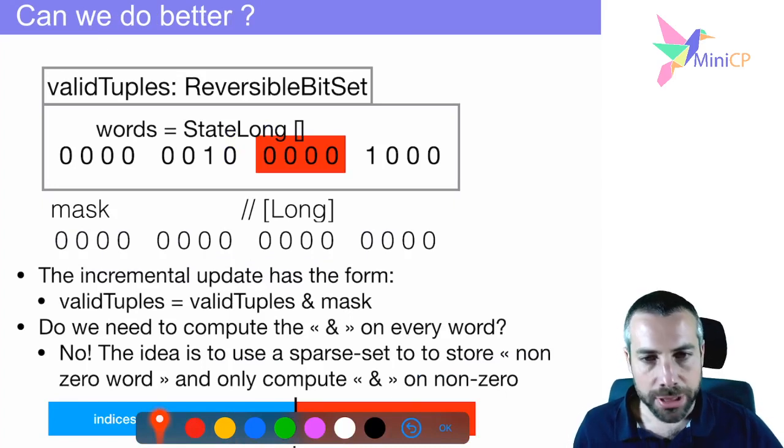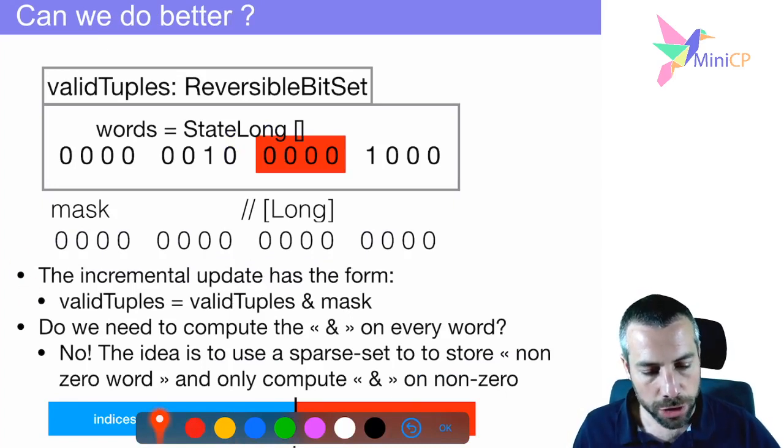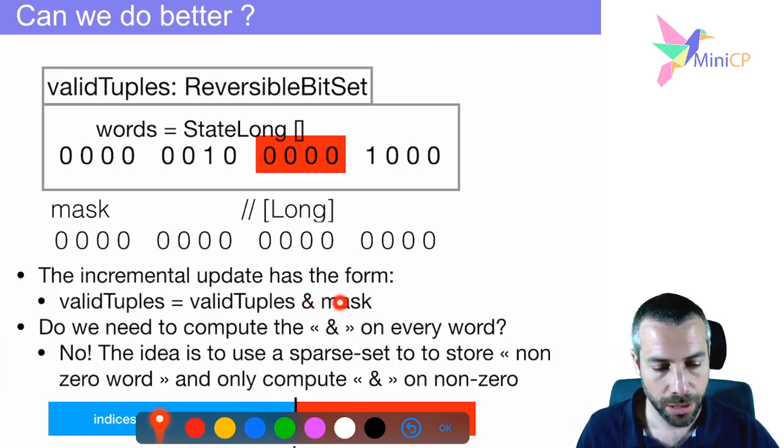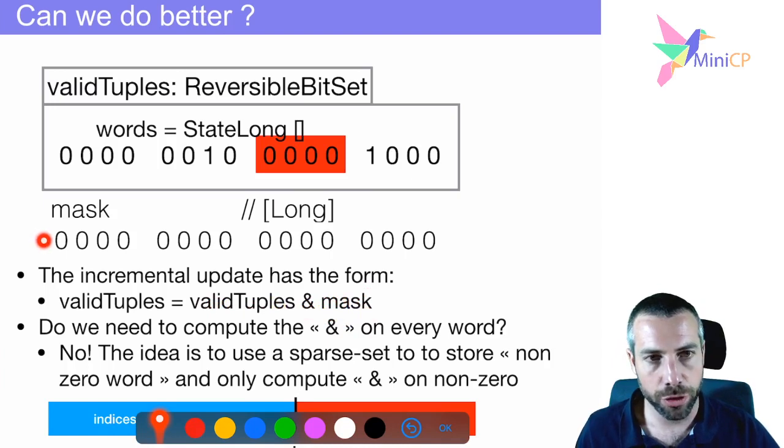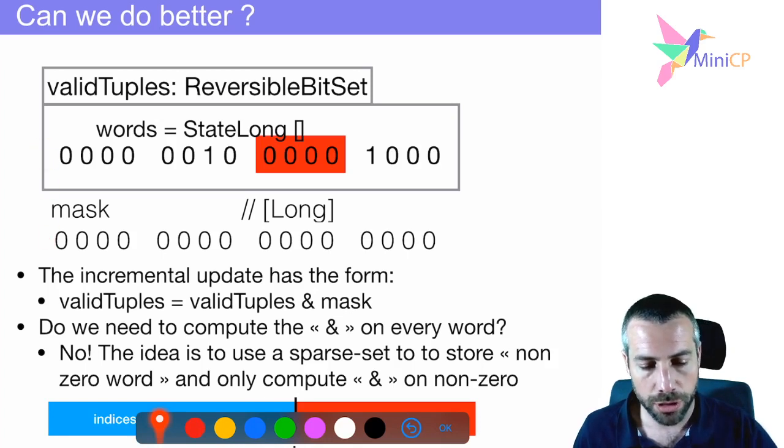For the incremental update, we will perform a lot of this kind of operation. If you remember the mask, which was a temporary bitset, we were doing the AND operation between the valid tuples and the mask. For instance, if you consider this as the current value for the mask, and this is the current valid tuples, there is no need to really compute the AND on every word, because some of them, such as this one, are already 0 everywhere.